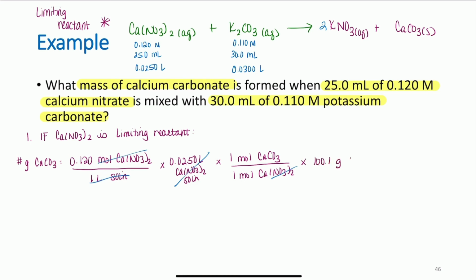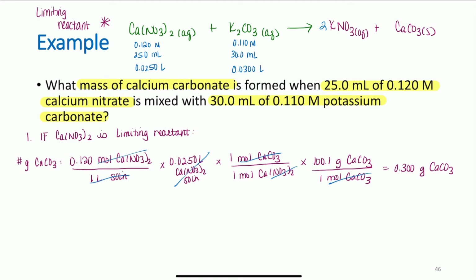Times 100.1 grams of calcium carbonate to 1 mole of calcium carbonate. Calculate this out, and you'll find it to be 0.300 grams of calcium carbonate. So this means if all of my calcium nitrate was reacted, I would produce 0.300 grams of calcium carbonate.